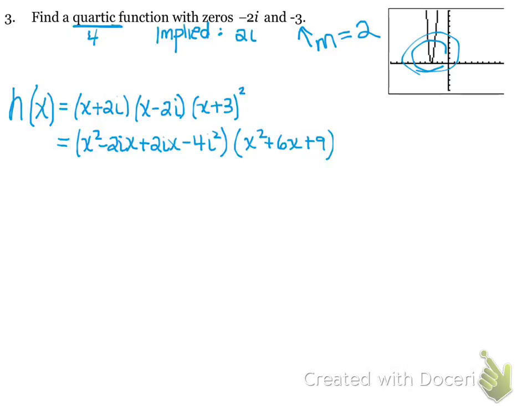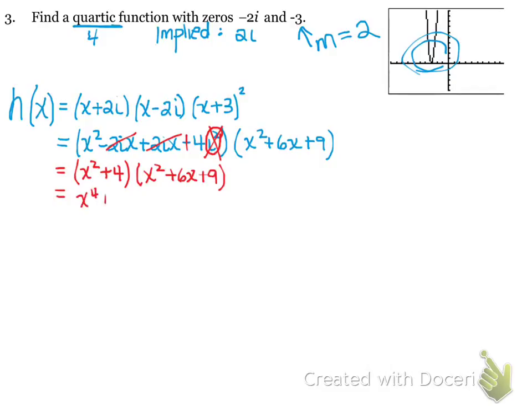Okay, I'm going to simplify, and I know right away my two middle terms cancel out, and i squared is negative 1, so technically this turns into plus 4. So we have x squared plus 4 times x squared plus 6x plus 9. And now we're going to expand this.